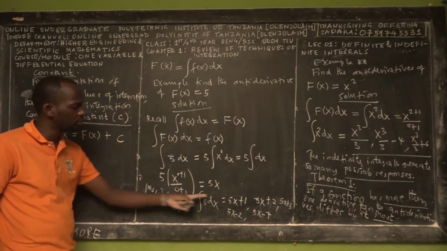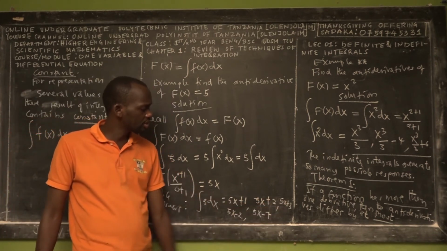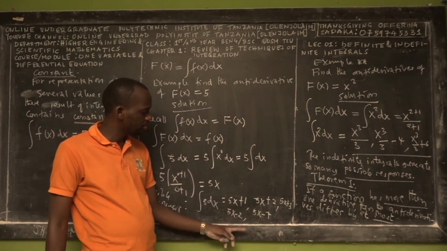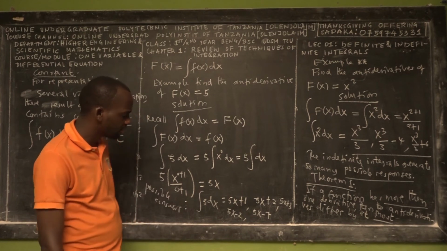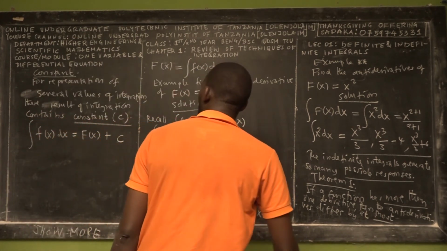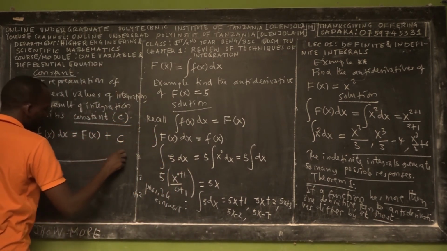For example, in this equation C represents 1, in this equation C represents 2, in this one C represents 3, here C represents negative 2, and here negative 7. Wonderful. So this is the general formula for indefinite integrals.